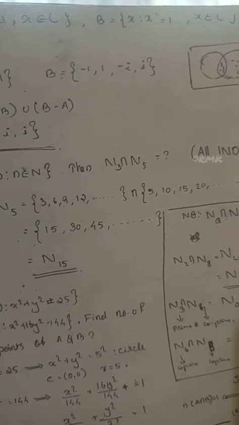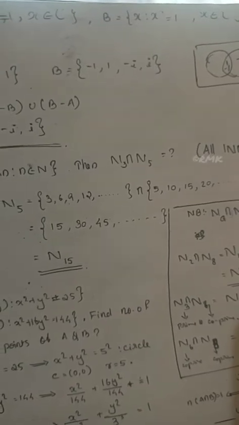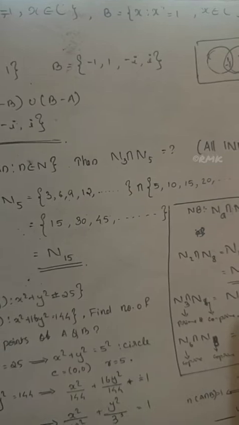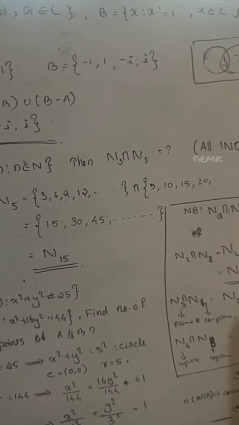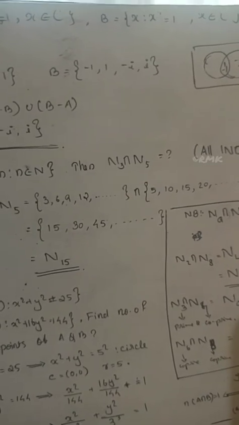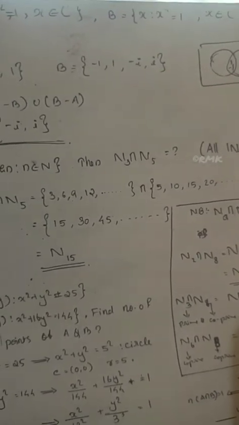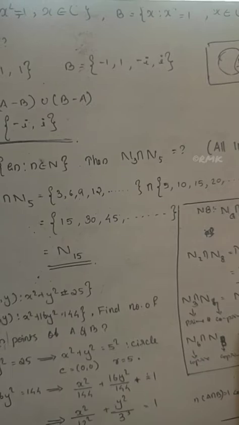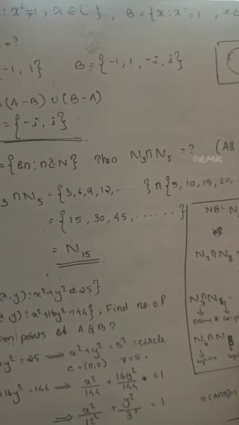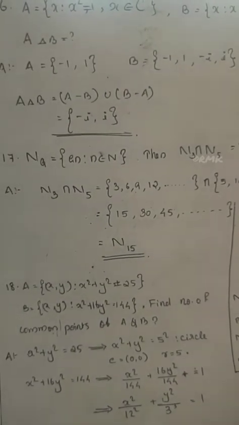So i. Minus i raised to 4: minus raised to 4 is positive, so minus i raised to 4 is 1. So B is equal to minus 1, 1, minus i, plus i. A is equal to minus 1, 1.